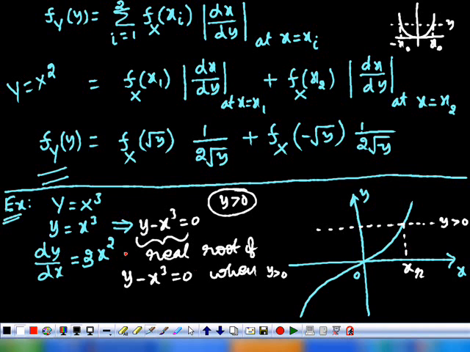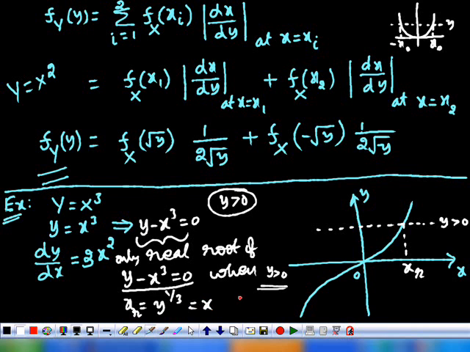So then the only real root of this equation y − x³ = 0 when y is greater than 0 is given by how much? x equal to y^(1/3), and I call this xr to indicate that it is the only real root of this particular equation y − x³ = 0.